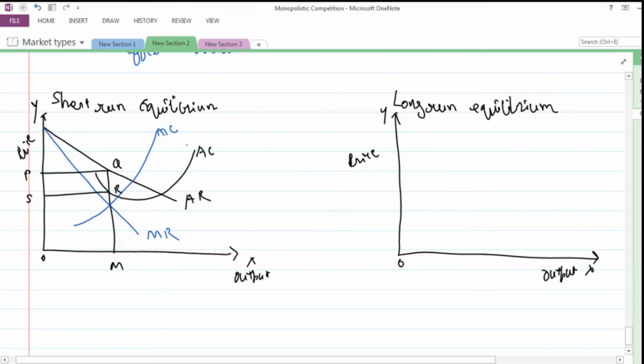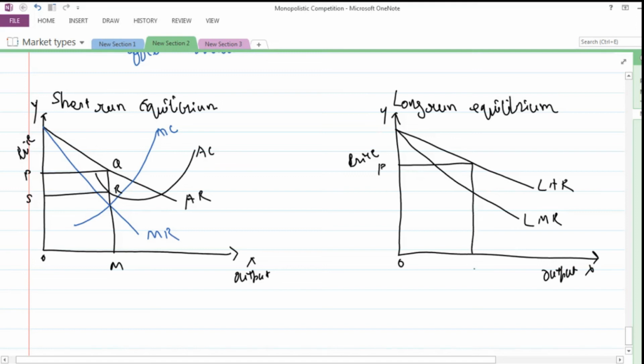Okay, so in this manner, this is the short run equilibrium, and similarly on the other side we have the long run equilibrium. This is the long run average revenue. Then we have the long run marginal revenue. Let's assume that the price is determined here and it goes down.